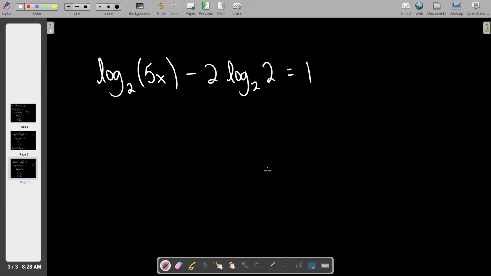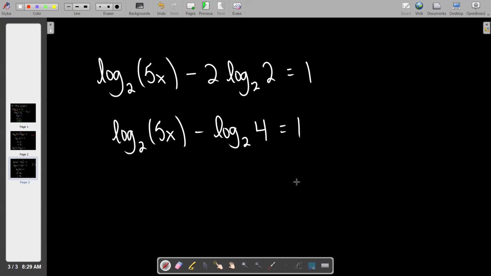There are too many 2's in this problem. Step 1, airlift. So we're going to go log base 2 of 5x minus log base 2 of 4. And then let's condense.